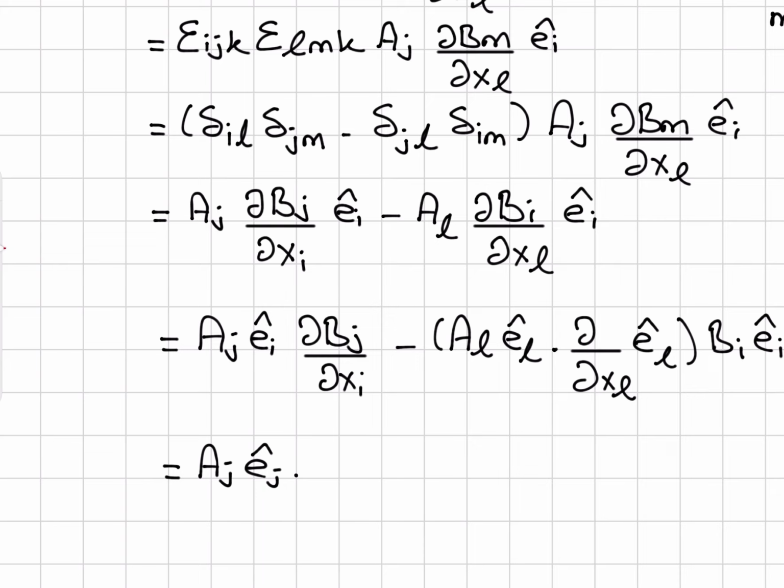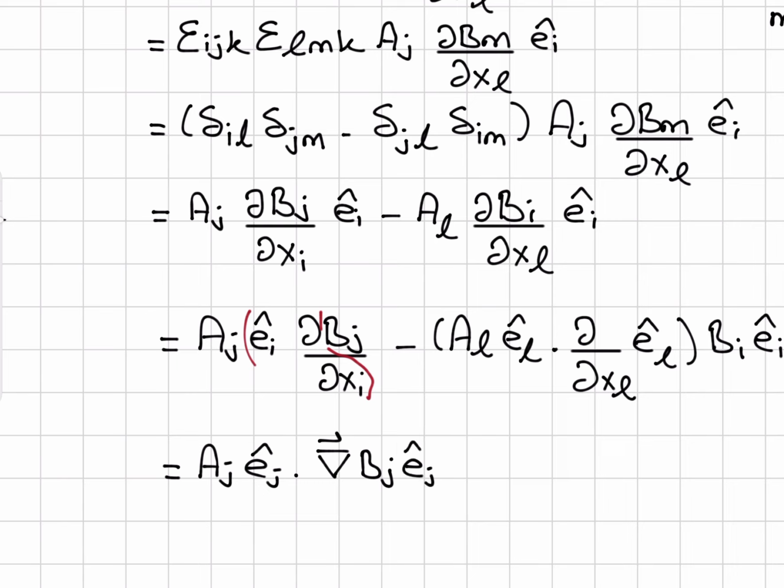Now I can recognize this EI hat del xi. This is the gradient operator, dot product with the gradient operator acting on BJ EJ hat.